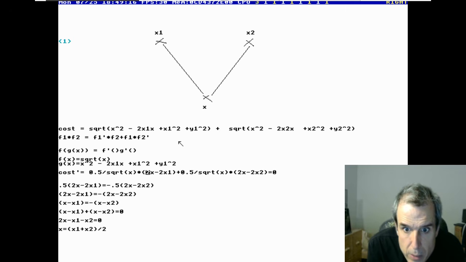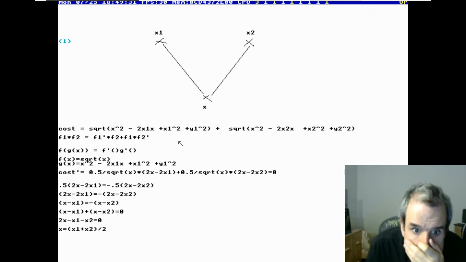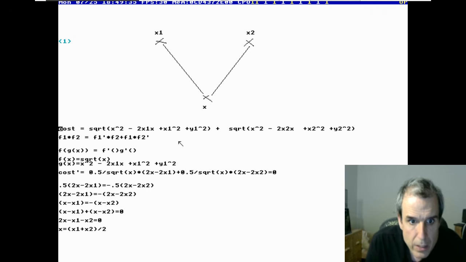Something's broken. Oh, you know what? You don't do that. Wait. When you take a Taylor series, for example, I think, do you put the whole thing in there?